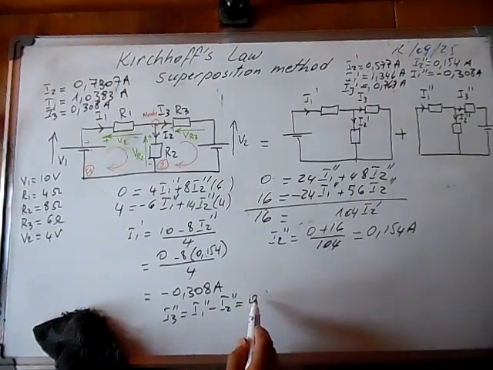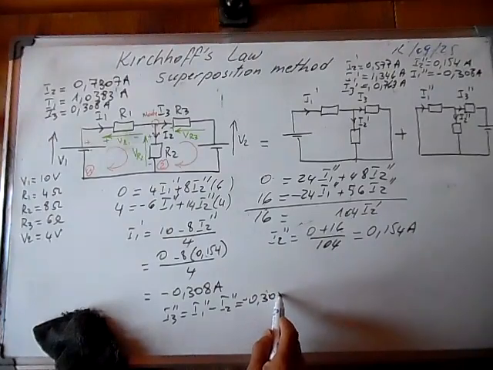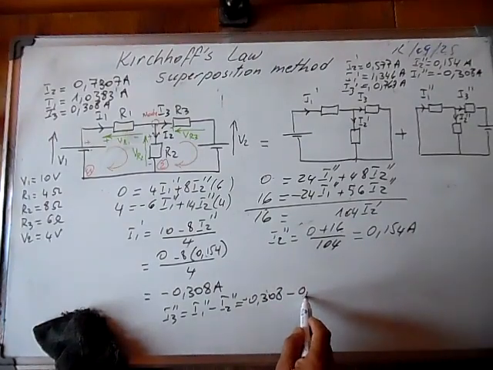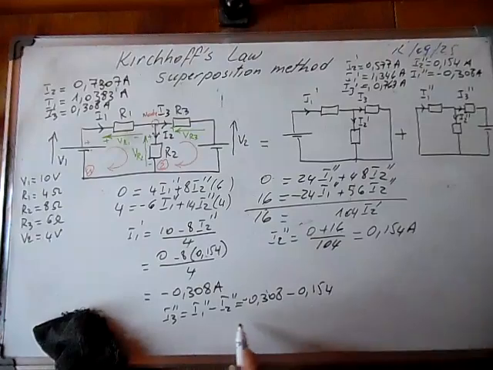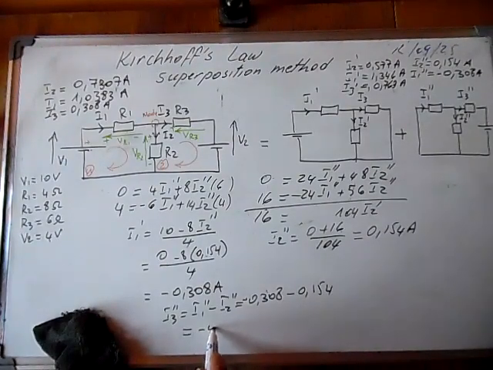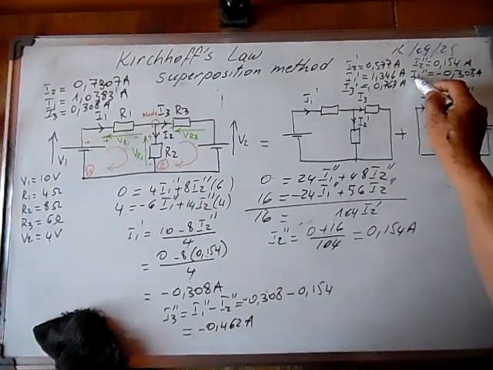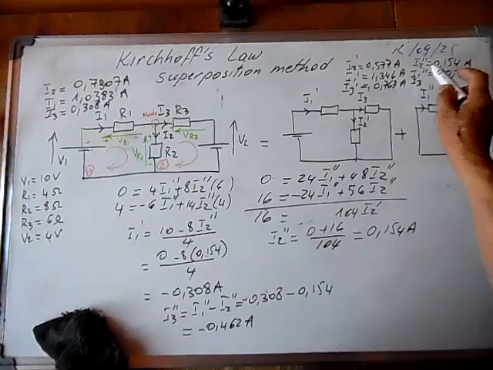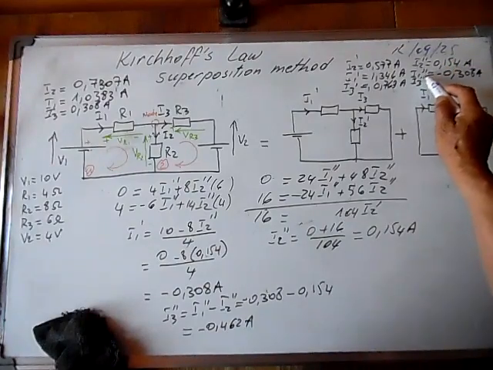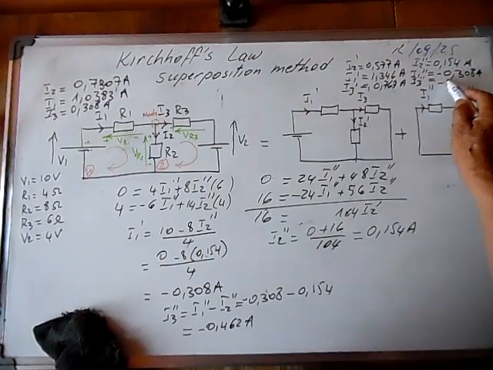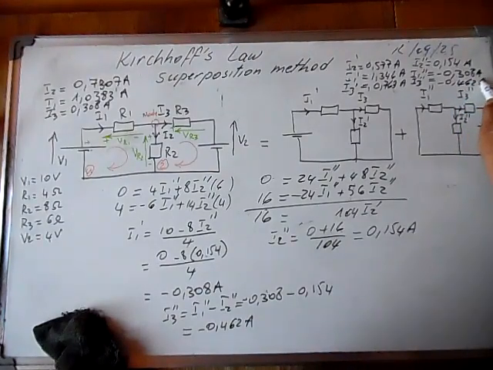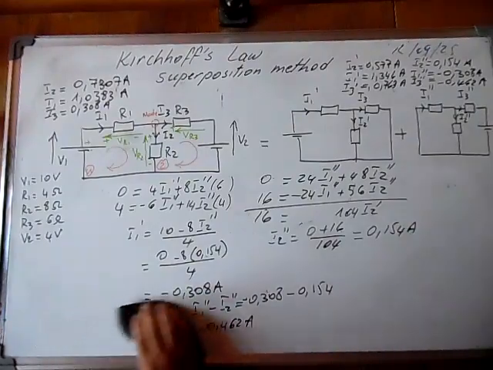It's minus 0.308 minus 0.154, and I3 second is equal to minus 0.462 amps. Now I3 second is equal to minus 0.462 amps.